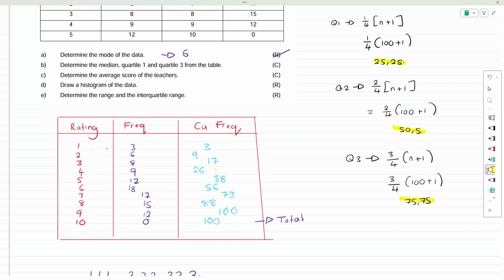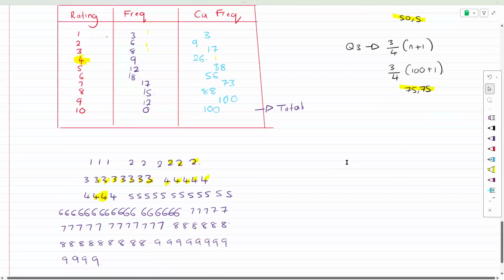Let's start with 25.25, then 50.5, and then 75.75.